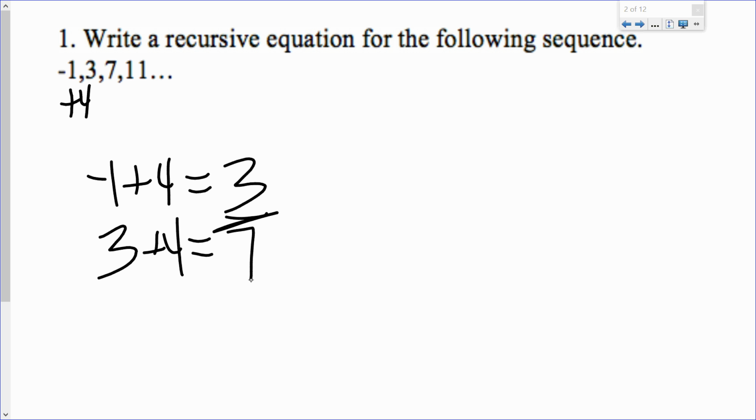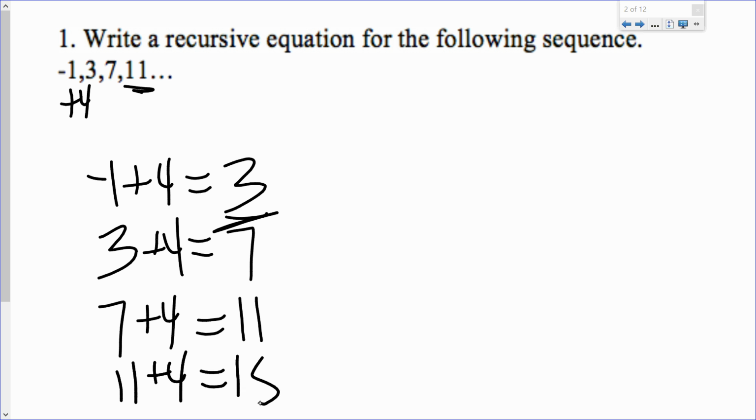To get the next term, I'm taking the previous term 7 and adding 4 to get 11. If I wanted the next term, I would take the 11, the previous term, and add 4 to it to end up with 15. So what I'm doing in this particular problem is taking the previous term and adding 4 to it.